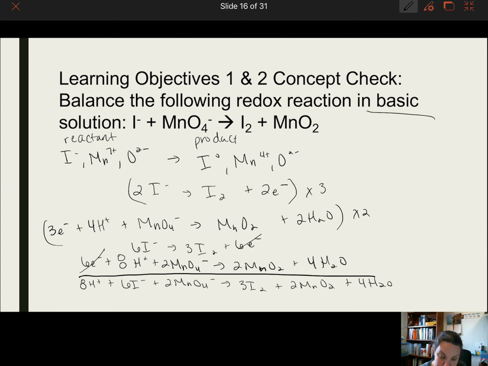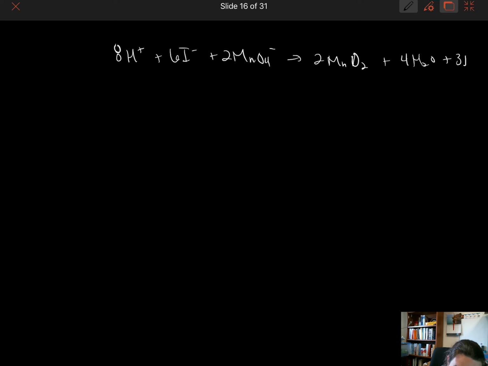Okay, let's rewrite this on our next page. So we have 8 H plus 6I minus plus 2 MnO4 minus goes to 2 MnO2 plus 4 H2O plus 3I2.